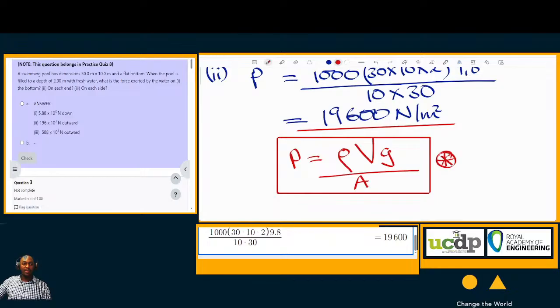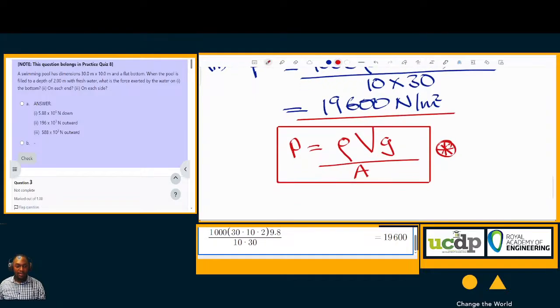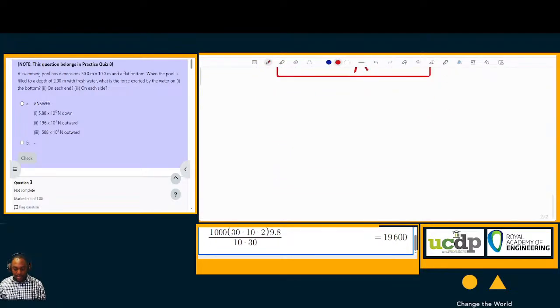For example, the first part was the bottom side, then the second part will be on each end and then on each side. So I hope that you would be able to compute the remaining parts. I would not need to work them out. Now let's look at question 3.